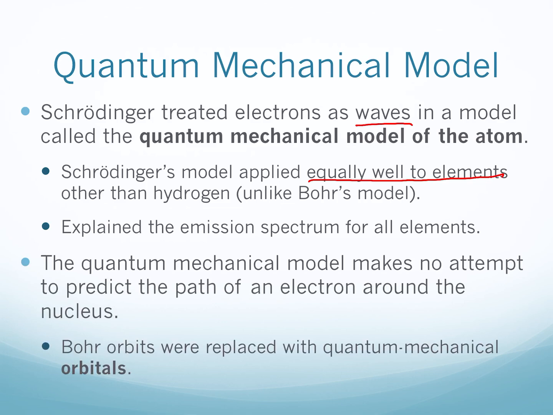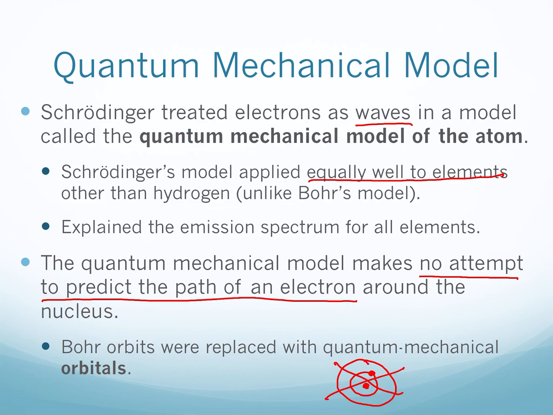So the quantum mechanical model makes no attempt to predict the path of an electron around the nucleus. They're not trying to say anything about where it's going. Whereas the Bohr model relied on these orbits. That's why we called it the planetary model. We said electrons orbit the nucleus like planets orbit the sun. So we're not doing this anymore.